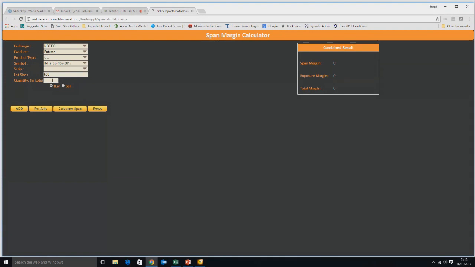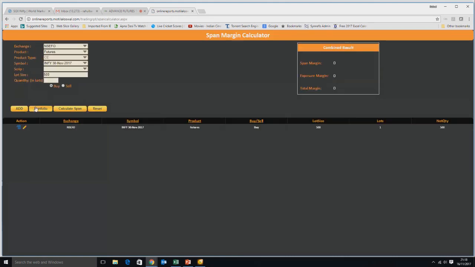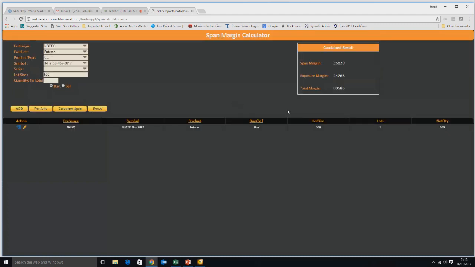By default, it will select the lot size. Then I select, say, buy lot size, and then I add. Then I calculate the span, what margin is required here. So here I get the span and the total margin.